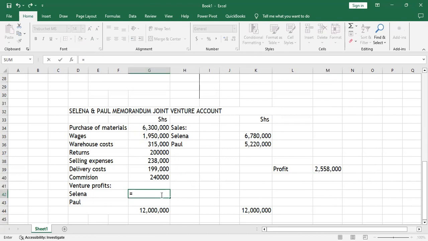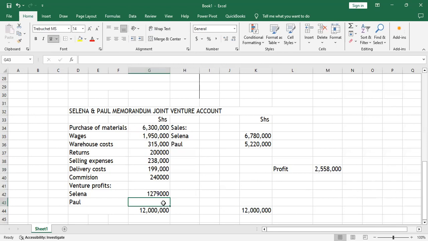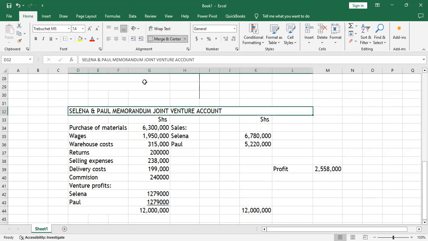Selena gets a half of the profits. Let me just, okay, 0.5 times this, that gives us that. Then Paul also gets 0.5 of this, which gives you that. So that is your memorandum joint venture account.